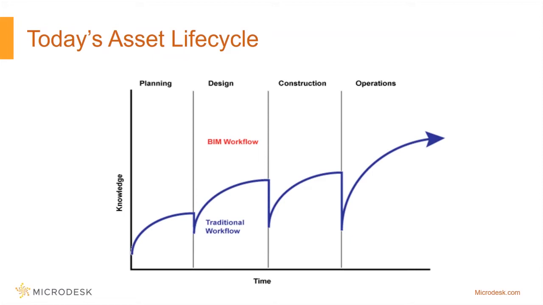Every time that information is handed off from one stage to the next, using whether it be 2D drawings, you have to sort of recreate what it is that you're doing at every stage.